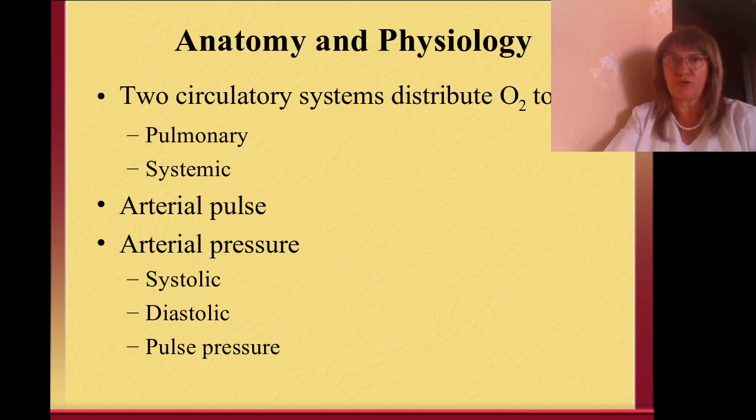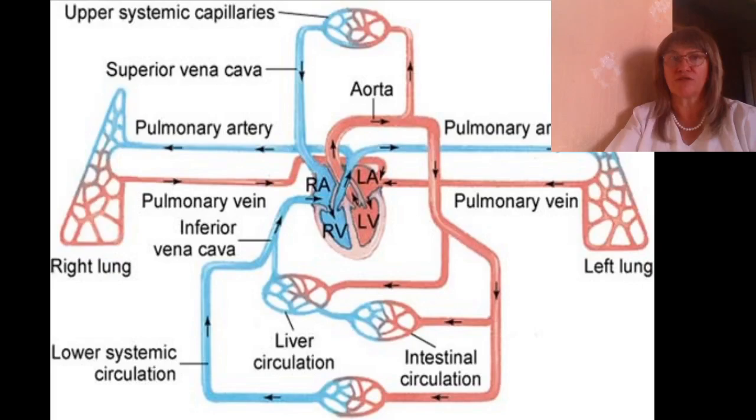Two circulation systems distribute oxygen to the body: pulmonary and systemic. Arterial pulse, arterial pressure, systolic, diastolic, pulse pressure. On this picture, you see the upper system capillaries, superior vena cava, aorta, pulmonary artery, and other vessels.